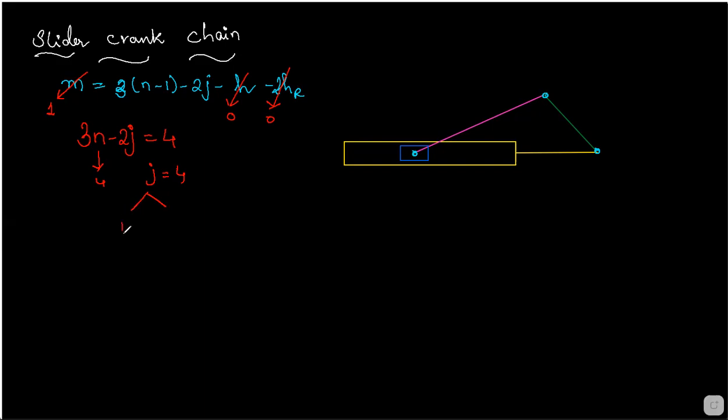One is sliding, which is called prismatic or sliding, and its symbol is P. The next one is a revolute joint, and its symbol is R. Revolute joints can just rotate about a fixed point, and a sliding or prismatic joint is one which can slide or reciprocate.